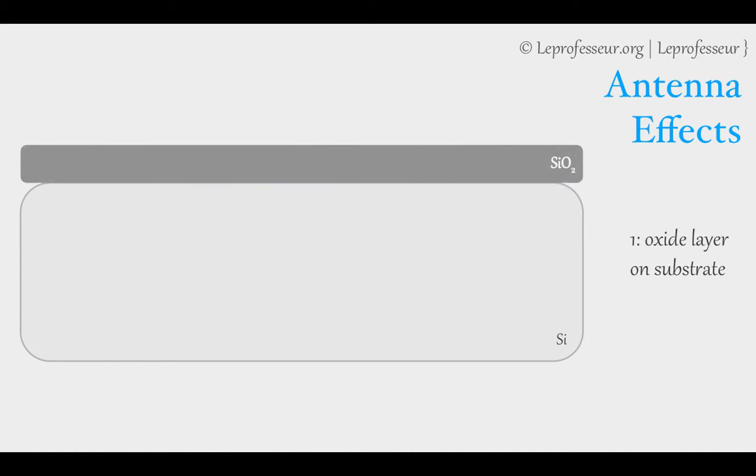But this is in general to get an overview of the manufacturing process and what we mean by etching. So we take a silicon substrate and grow an oxide layer on the wafer.